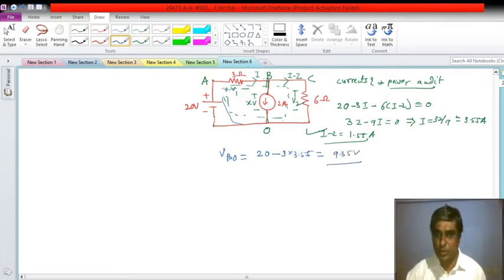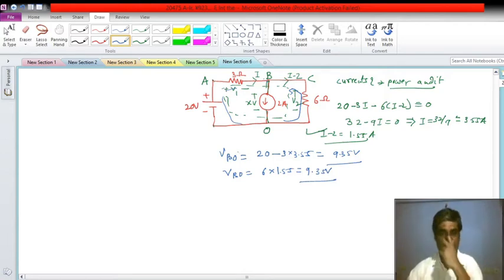Or if I am going this way, again the value remains the same, it is a voltage rise, so it will be 6 into the I minus 2 current, which is 1.55, which is again close to 9.35 volt.